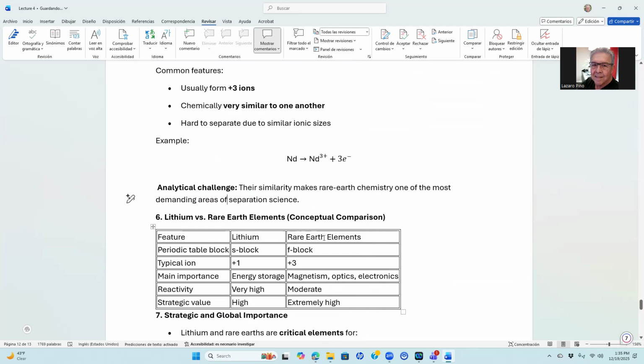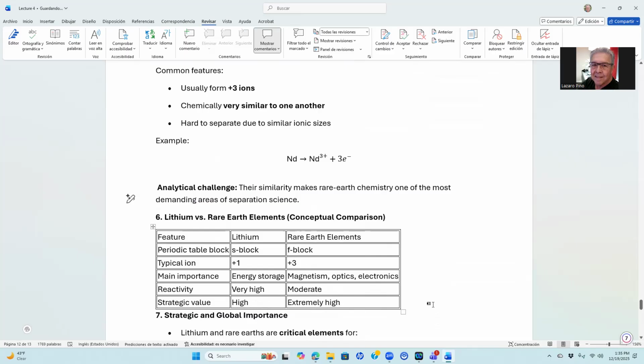The rare earth elements are in the F block. As I showed you before, the typical ion is +3, and the characteristics that they have are magnetism, optics, electronics. The reactivity is moderate, but the strategic value is very high.